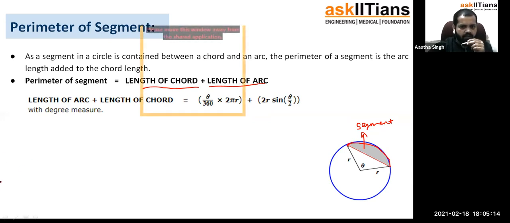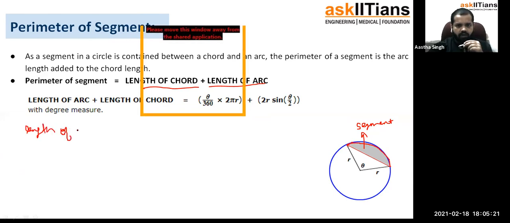We have already studied that the length of arc is basically 2 pi r into theta upon 360.